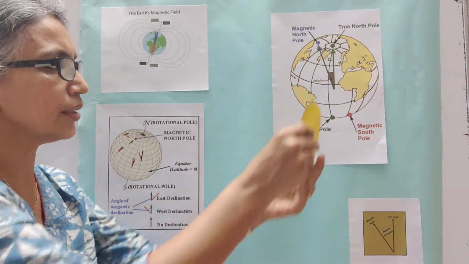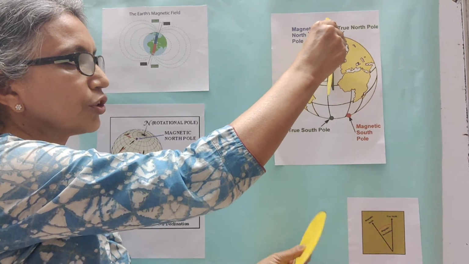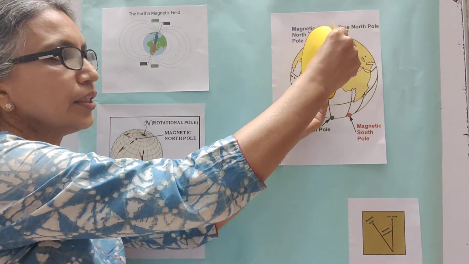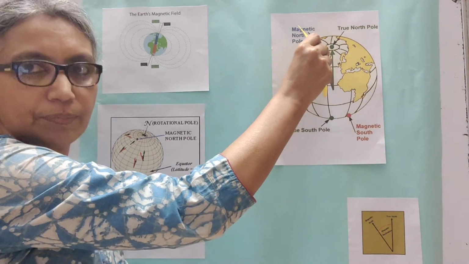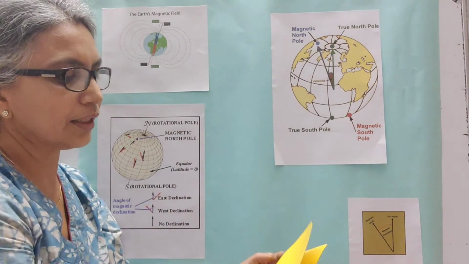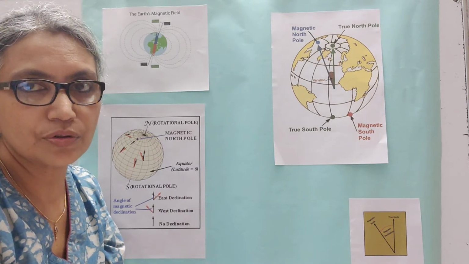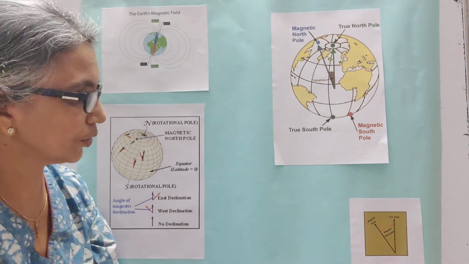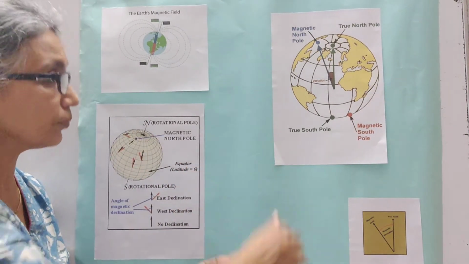So simply understand that the geographic meridian is a vertical plane in this direction, and the magnetic meridian is another vertical plane in the direction of the magnetic field lines of the earth, and the angle between the two meridians is the angle of declination. Okay, so I hope that is clear to you.